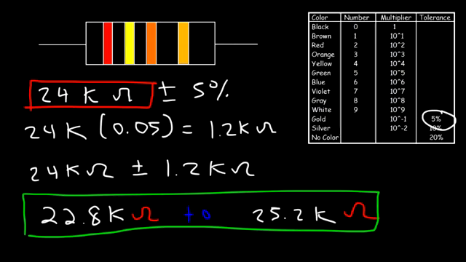And so you should always check the tolerance level to see where the true resistance may lie. Now it's your turn. Go ahead and calculate the value of this resistor, determine the tolerance level, and also the range in which the true resistance may lie.